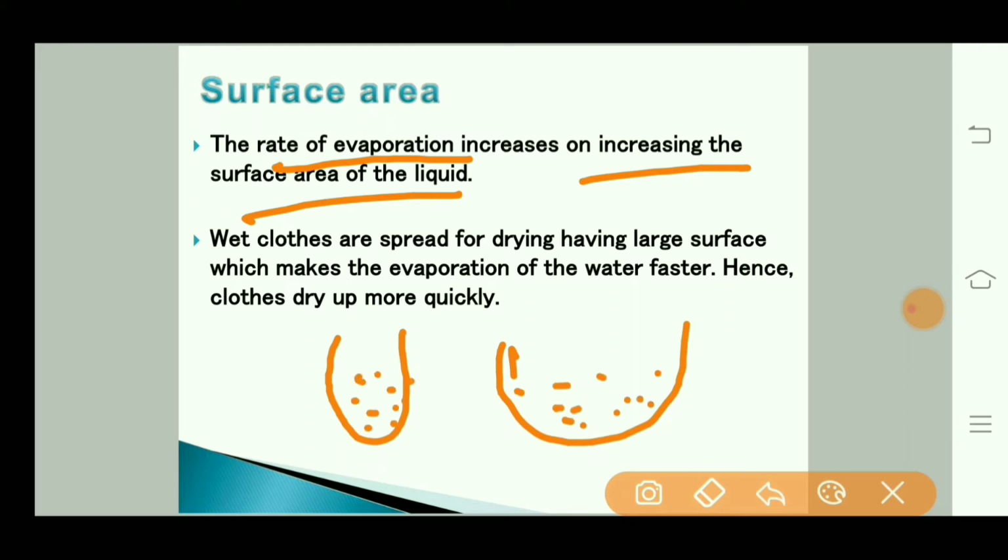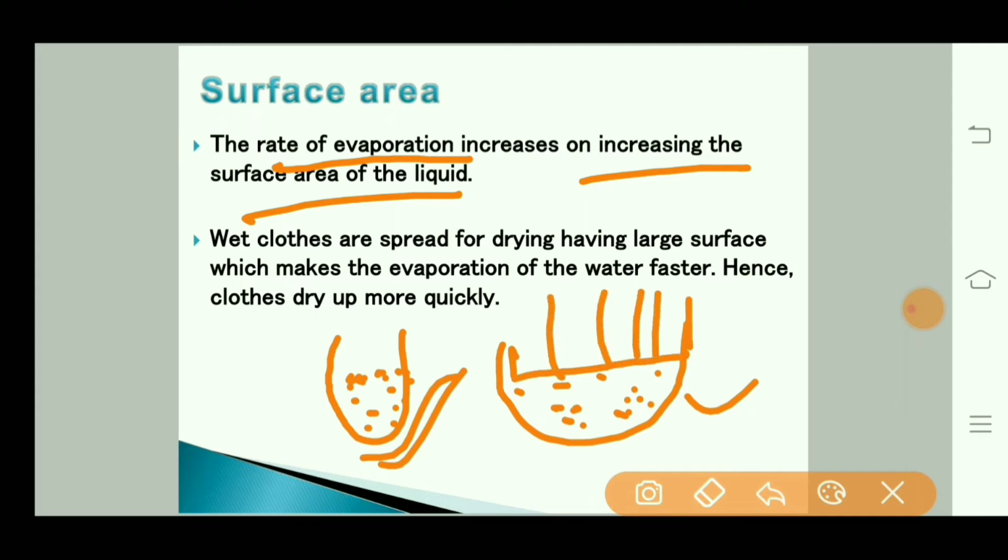When we heat these two, we will find that evaporation takes place faster in the large container as compared to the container which has less surface area. It means this test tube. On the basis of this, we can say that when we increase the surface area, the rate of evaporation also increases.